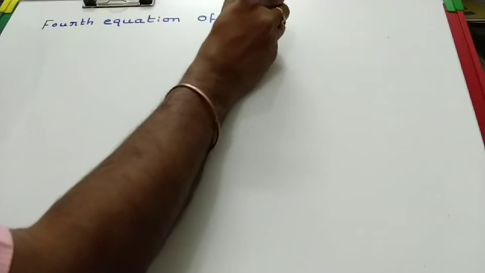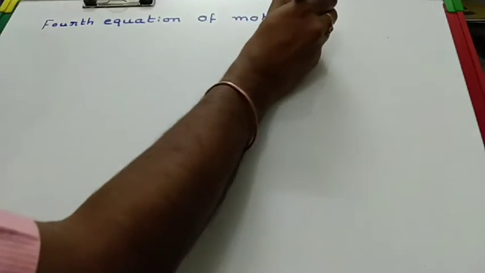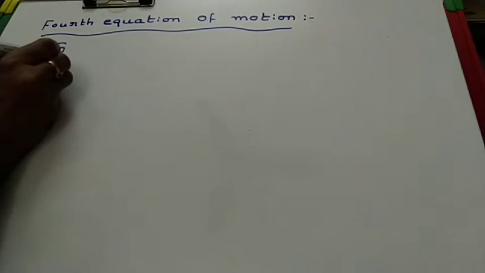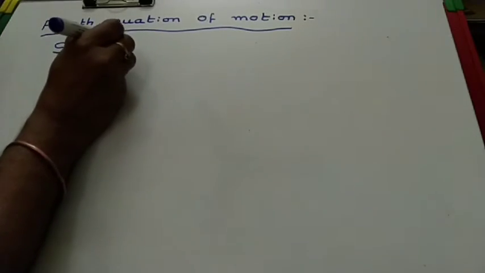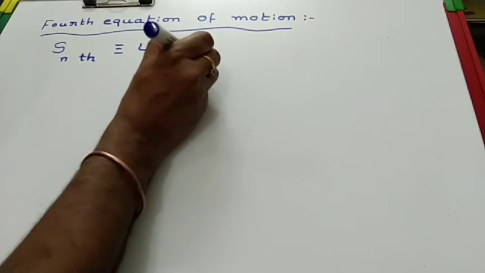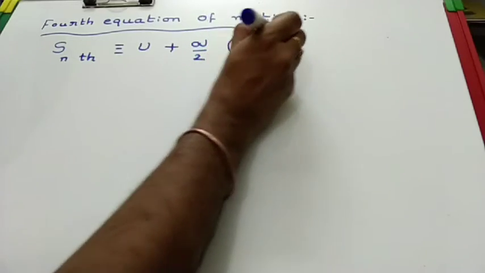Hi students, in this video we are going to discuss the fourth equation of motion, or S nth is equal to u plus a by 2 into 2n minus 1.